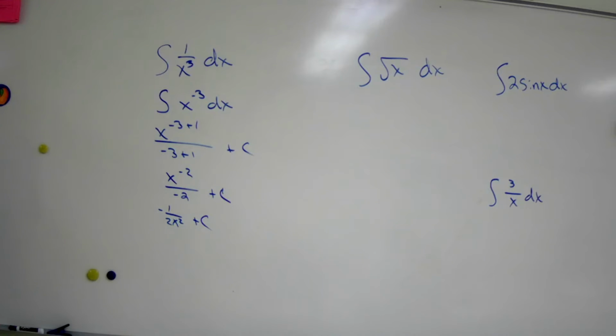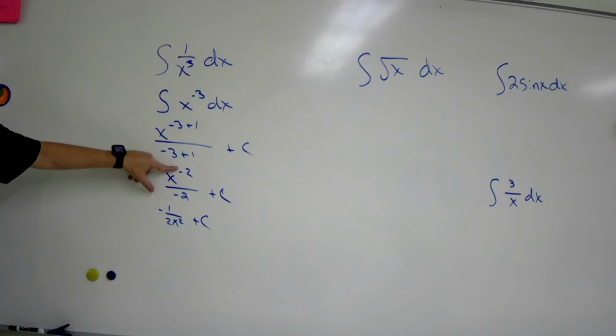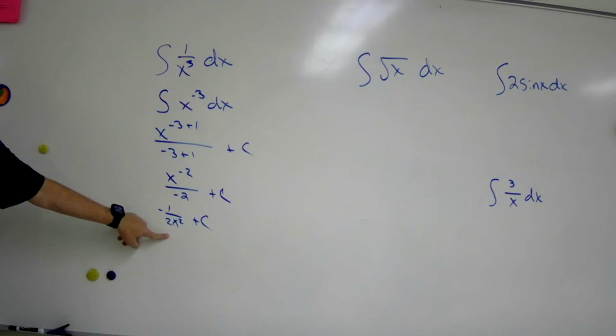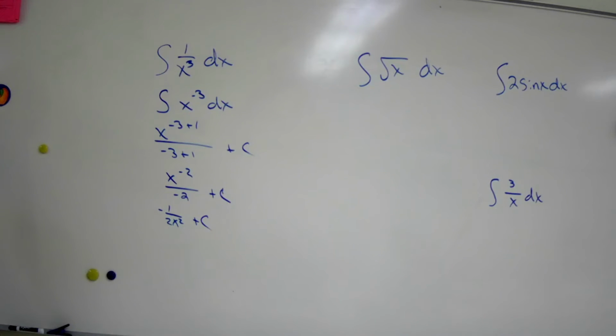Y'all agree with that? The negative for this exponent means it's in the denominator, and then it's squared.